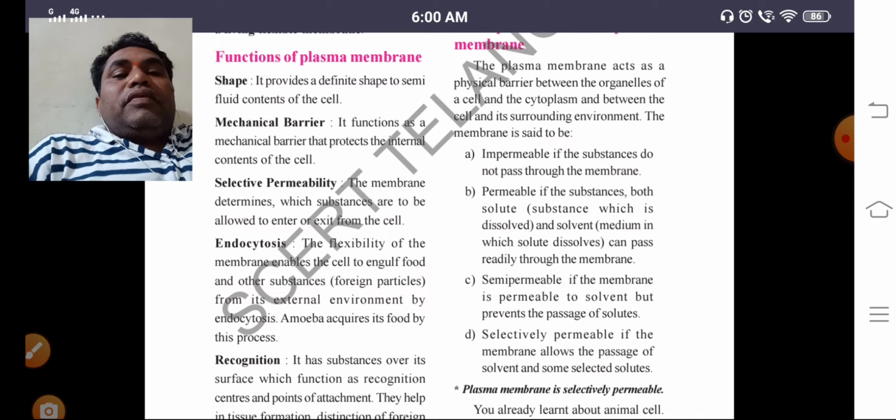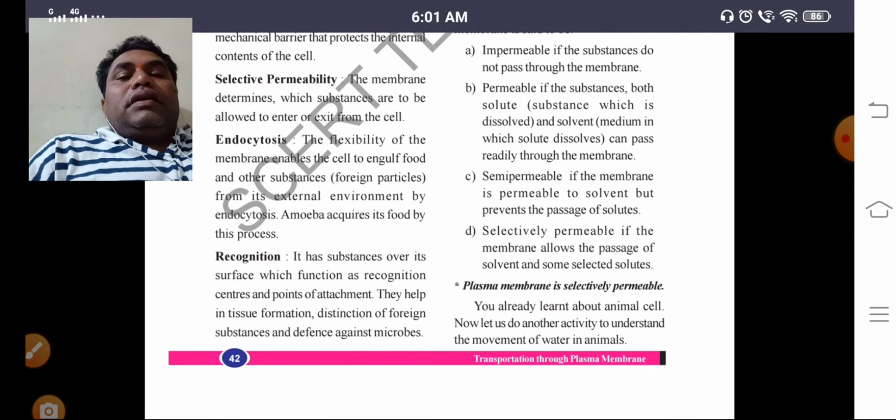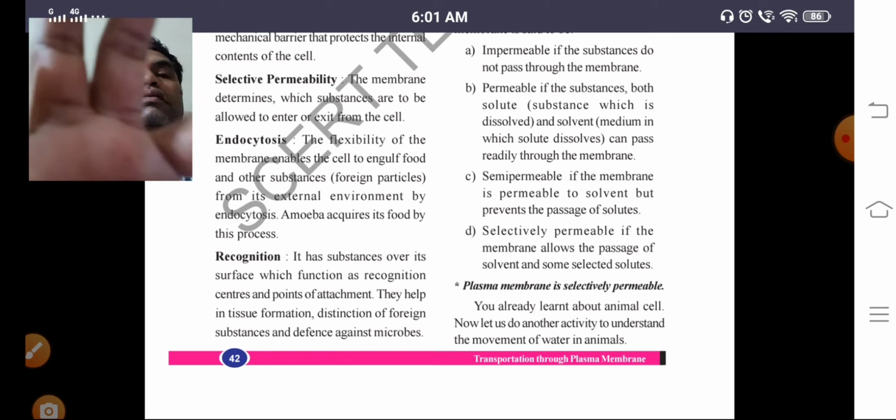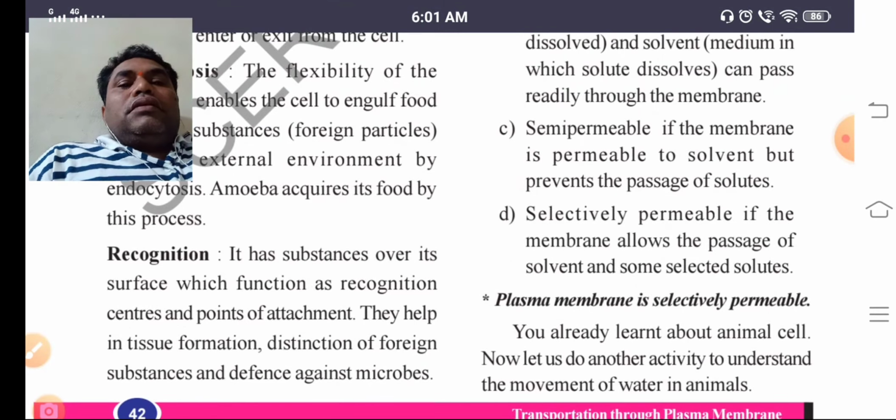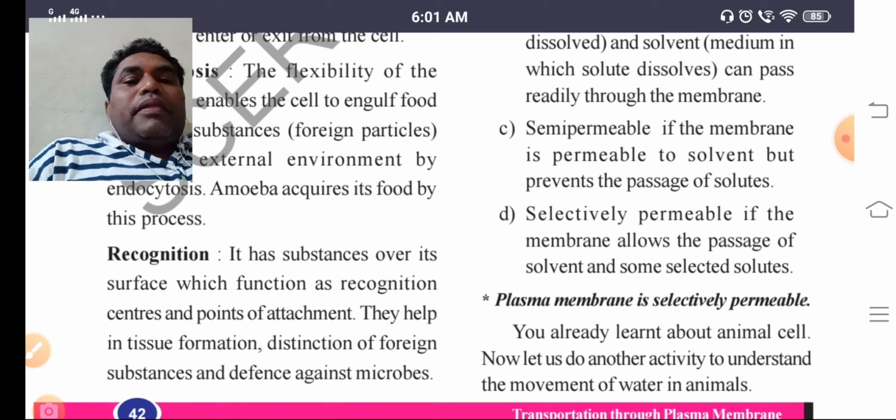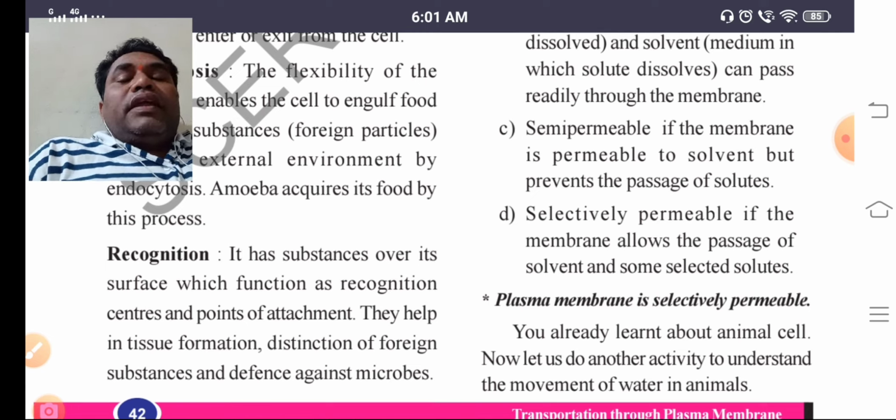Next, another important function of plasma membrane, recognition. It has substances over its surfaces which function as recognition centers and points of attachment.